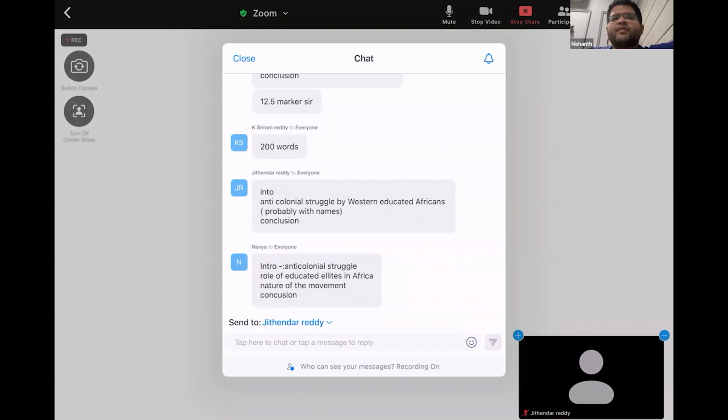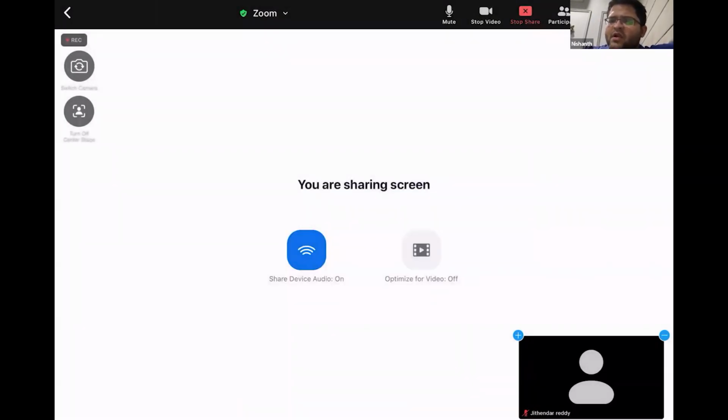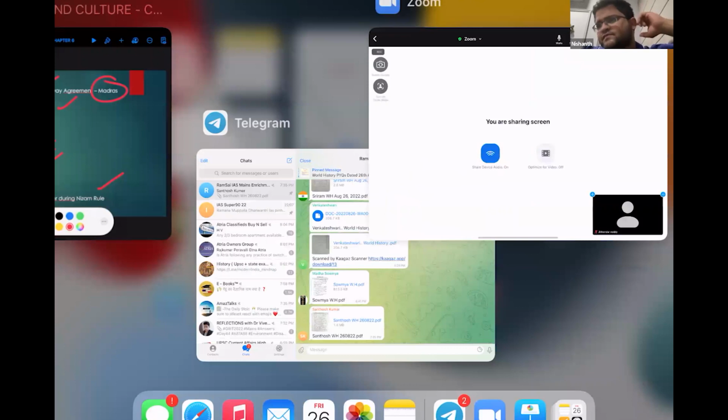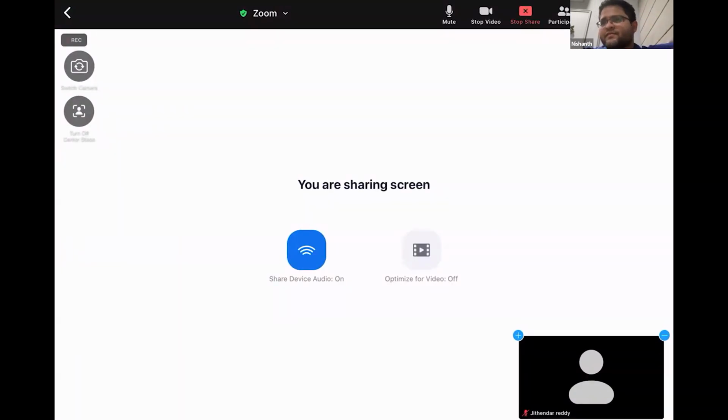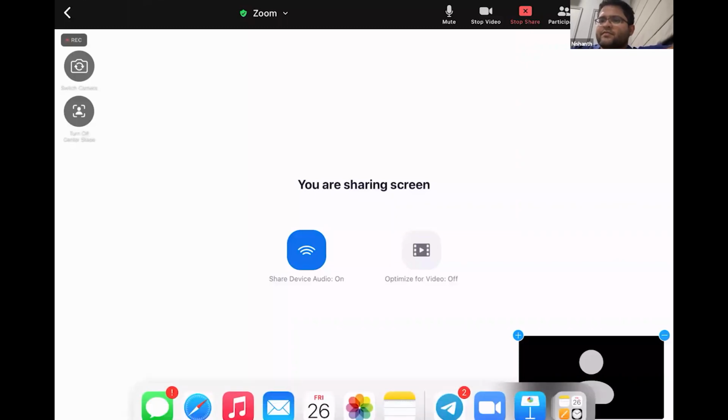Jitendra has given some framework. Jitendra, you have written? No, sir. I wrote it, I didn't upload it. Okay. Navya has given some framework. Navya, you have written? She's there in class.